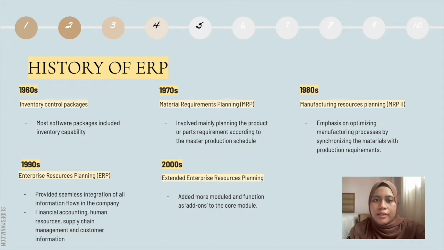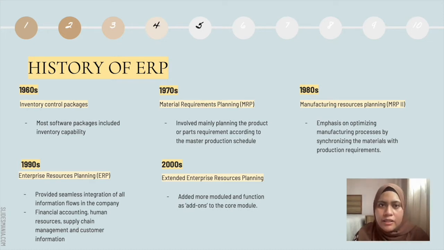Let's continue with the history of ERP. In the 1960s, most organizations developed and implemented centralized computing systems that mostly automated their inventory control system using inventory control packages. Next, in 1970, material requirement planning. It mainly involved planning the product or parts requirement according to the master production schedule.